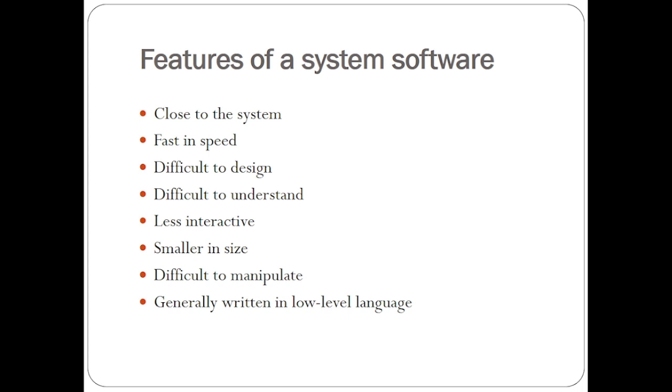Talking about the operating system, or rather the system software, it has its own characteristics and features. As the previous diagram shows, the operating system is closer to the hardware, so that is one feature. They are also very fast in speed, since they are meant to execute the sequence of instructions very, very fast.